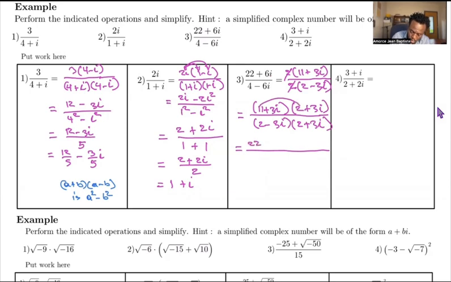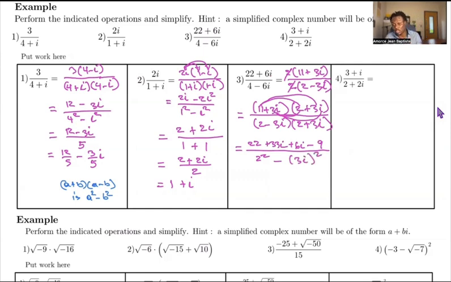So that is 22 plus 33i minus 6i, and then minus 9i squared, which is negative 9. Then the bottom is 2 squared minus 3i squared.